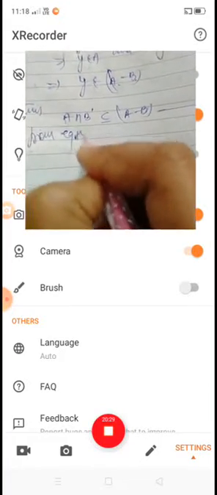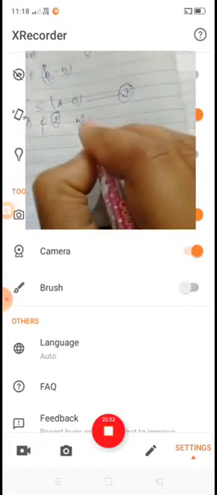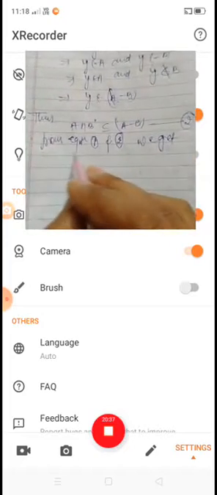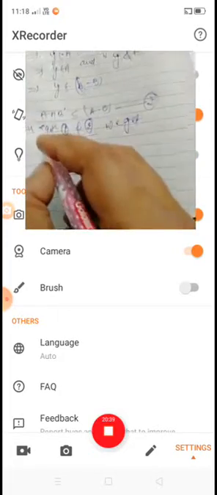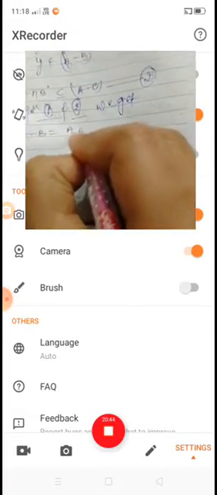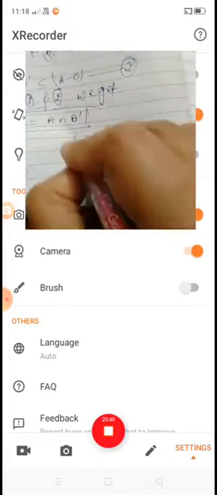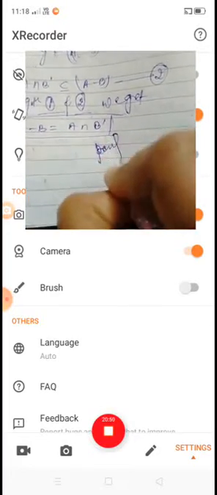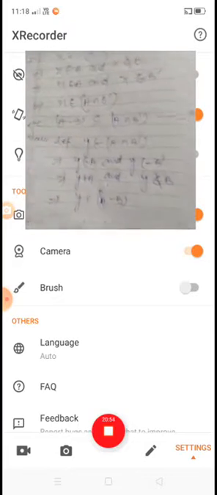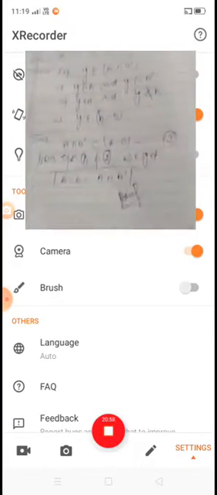Since from equation 1 and 2 we get A minus B is equal to A intersection B dash. Hence proved.